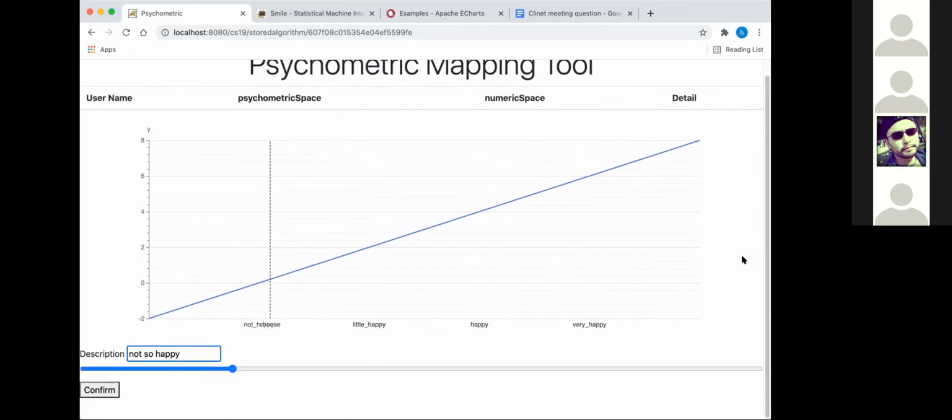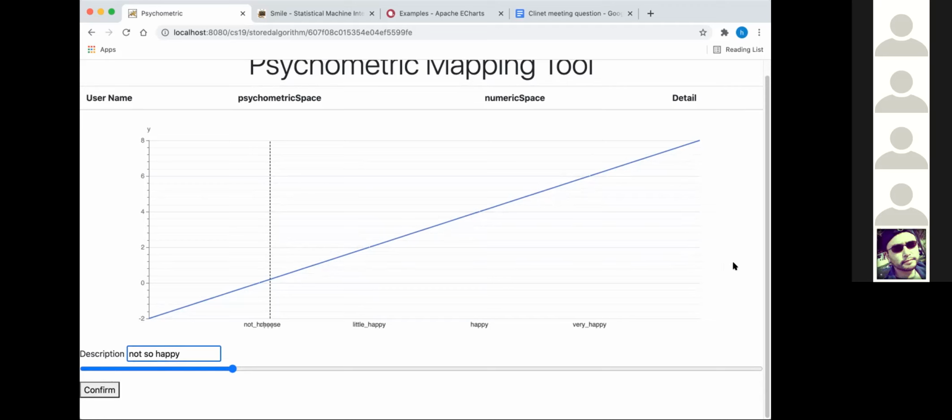So say you establish this numerical scale of not happy to very happy. Based on the many people survey, not happy is 0, little happy is 2, happy is 3, very happy is 5.